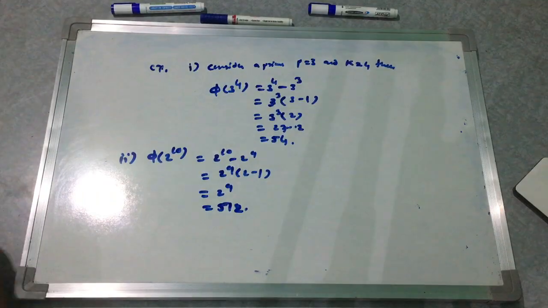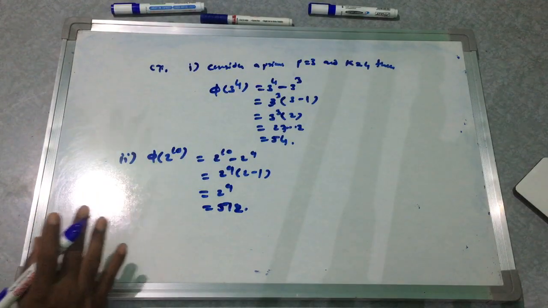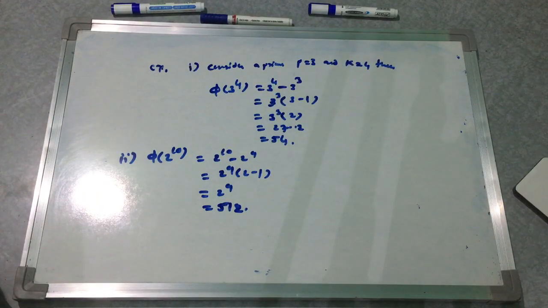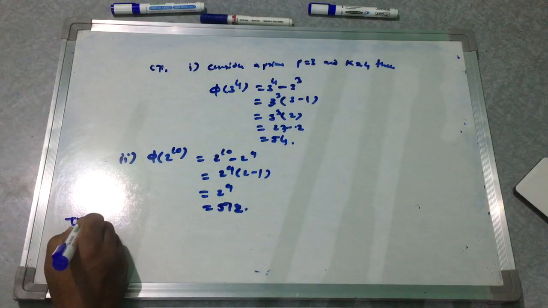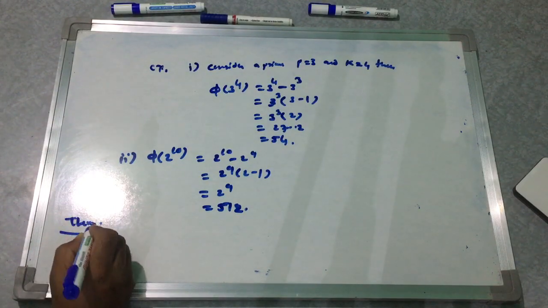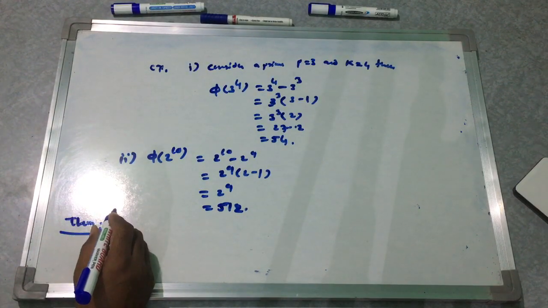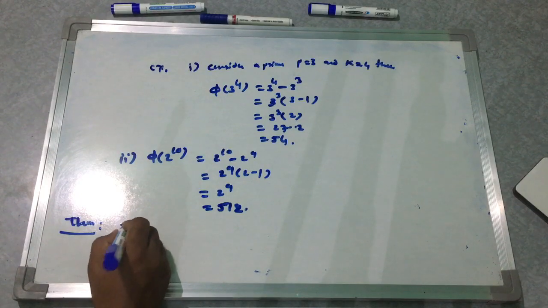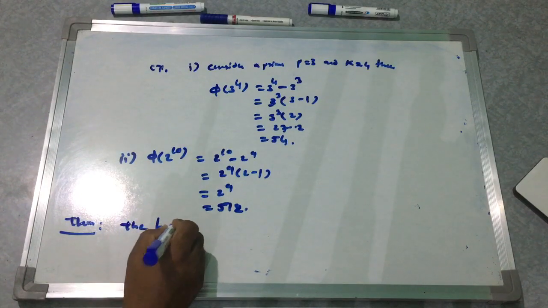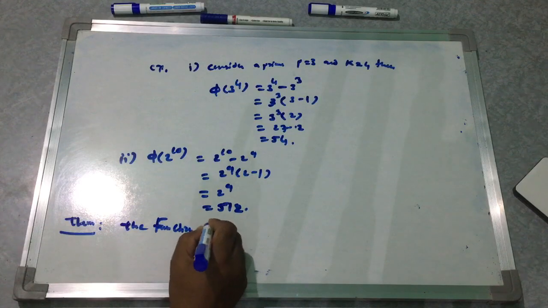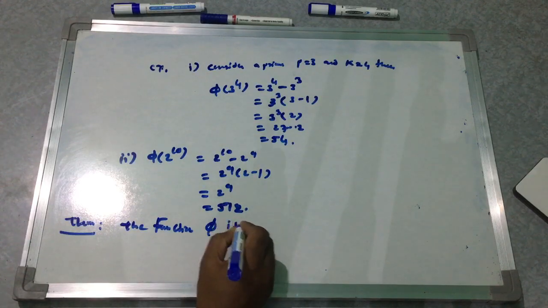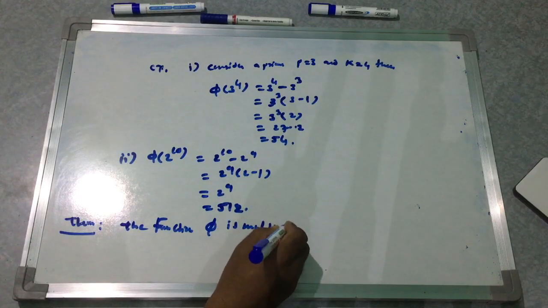So the next one is the theorem. So again we have to look into the theorem. The function phi is multiplicative.